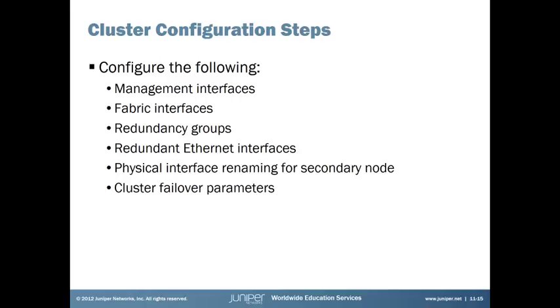When you go to a cluster, what you find is that the primary device will retain its interface naming scheme, so 0/0/0 through to 0/0/7. However, the secondary device will begin its interface naming scheme at 0/0/8 and go through to 0/0/15. So you'll actually continue the interface naming scheme from the primary device. When you look at your secondary device, your interface naming scheme has changed on the secondary node.